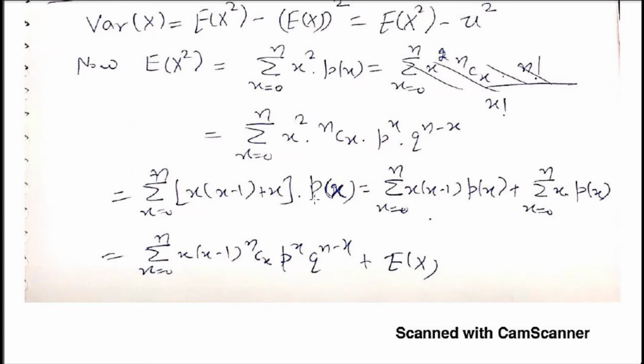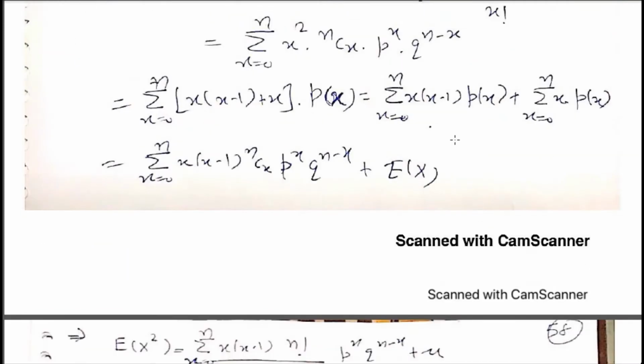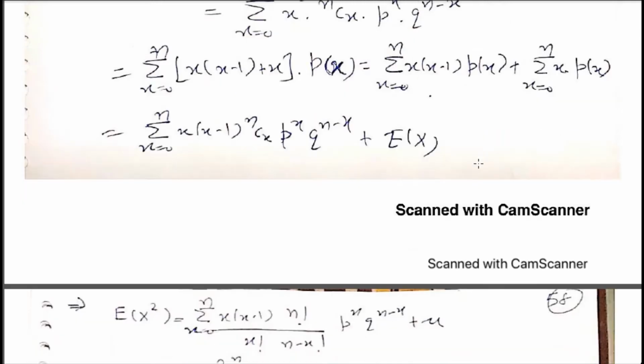So the first term can be written as summation x from 0 to n of x into (x minus 1) into p(x), plus the second term, summation x from 0 to n of x into p(x). Now put the value of p(x) here, so it is nCx p raised to power x q raised to power n minus x. And what is this? Actually it is the value of expectation of x, so it is np.